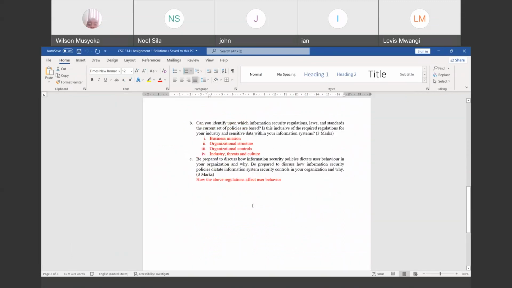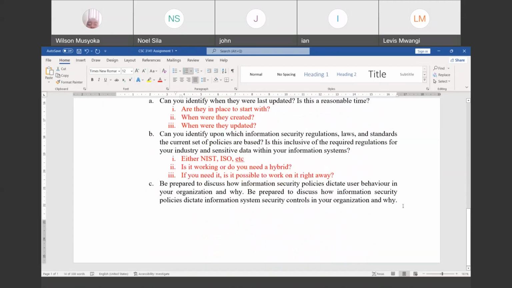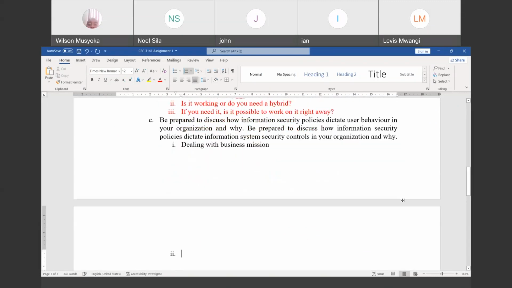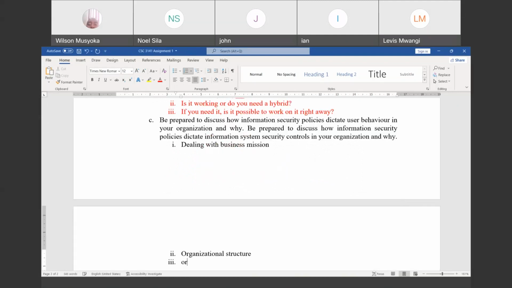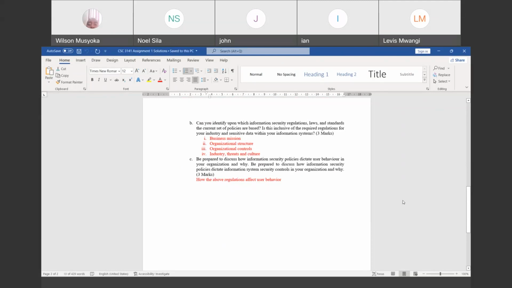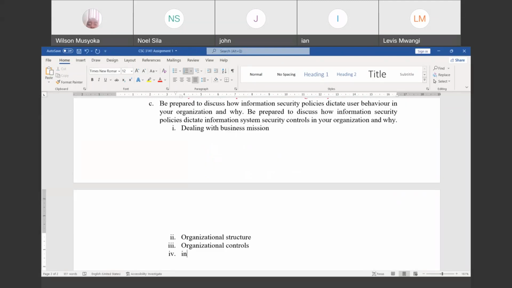They are going to address that in dealing with the business mission, organizational structure, organization of controls, industry.